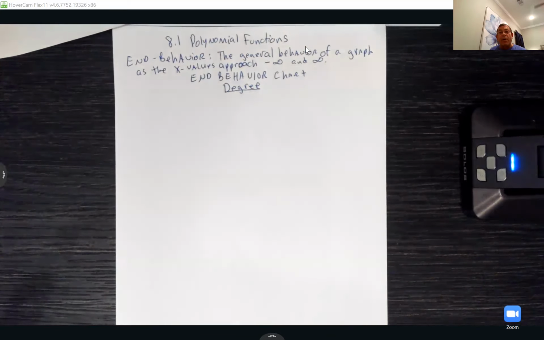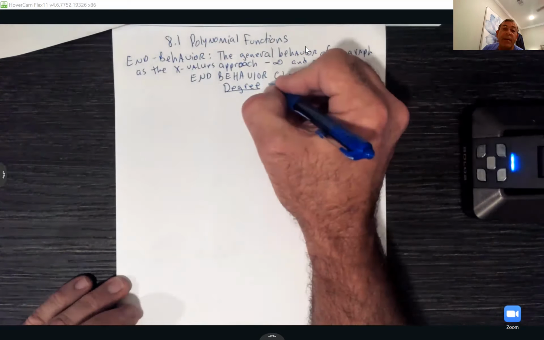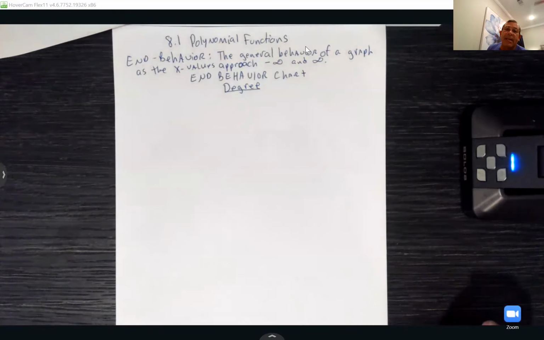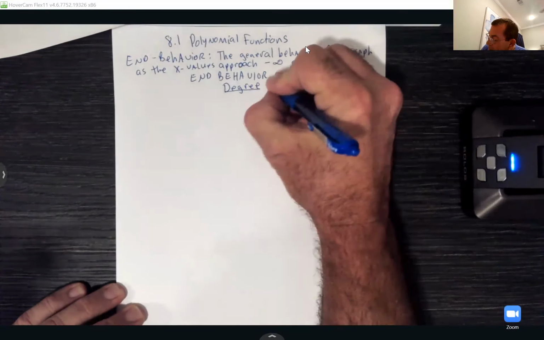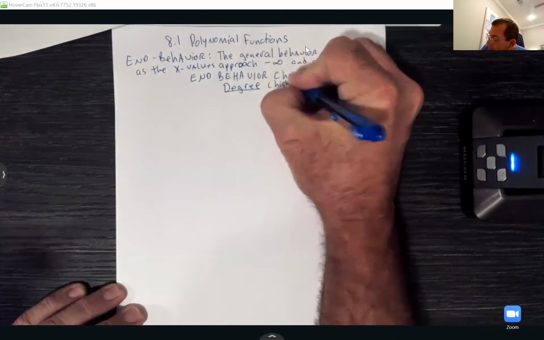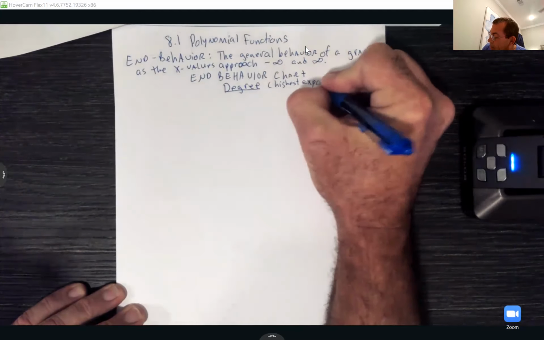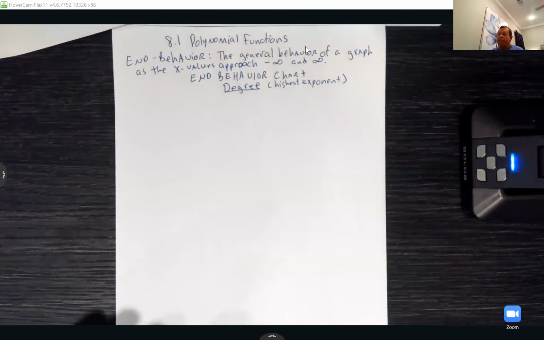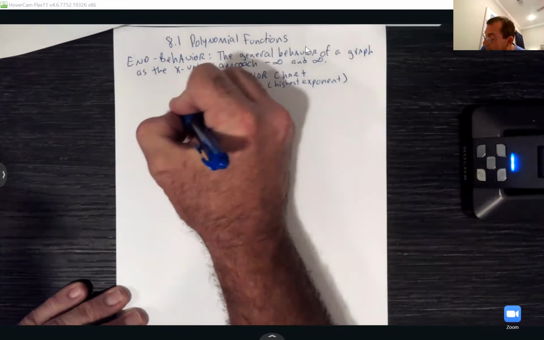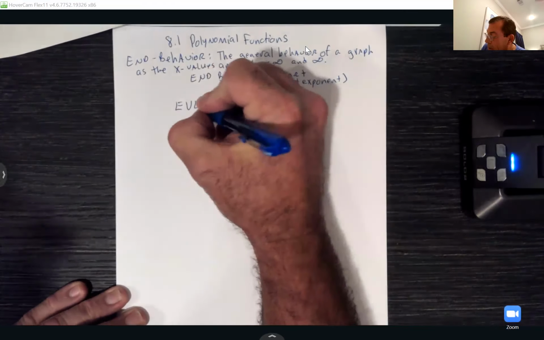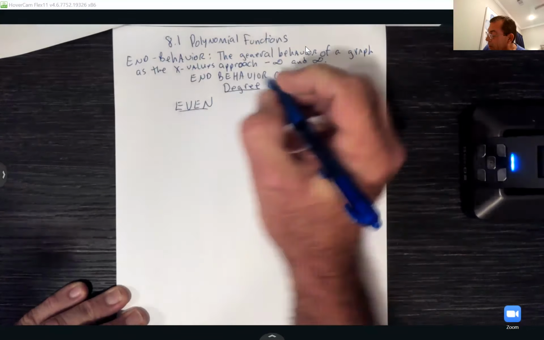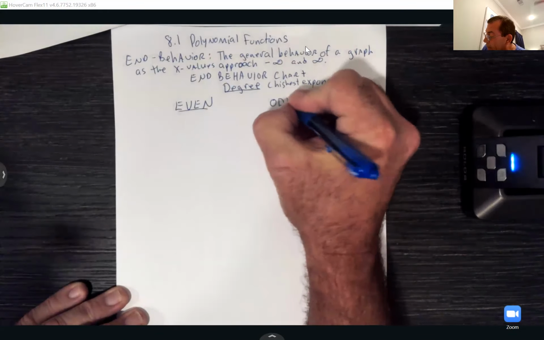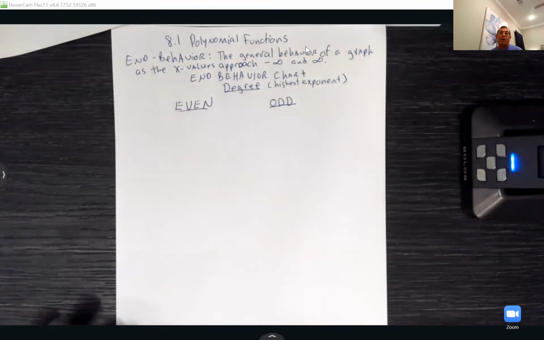And the degree of the polynomial, remember, is equal to the highest exponent of the polynomial. So the degree can be even or odd. So we'll have two columns here. We'll have an even column and an odd column.